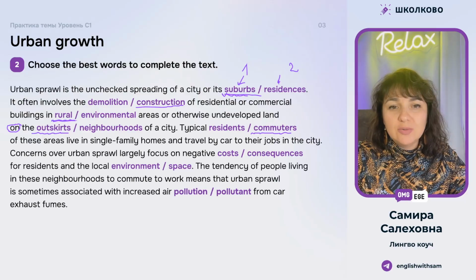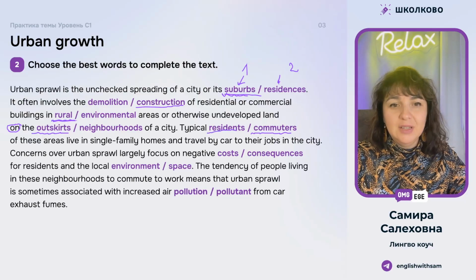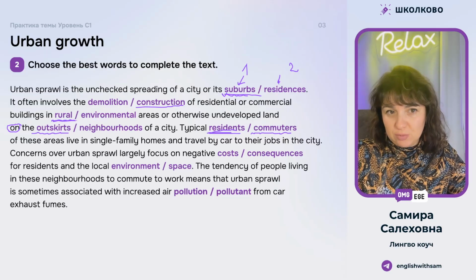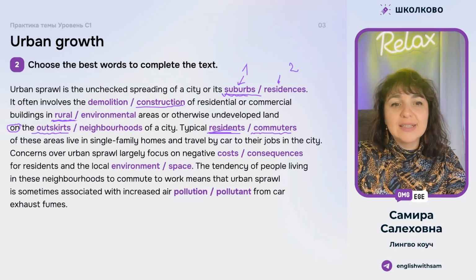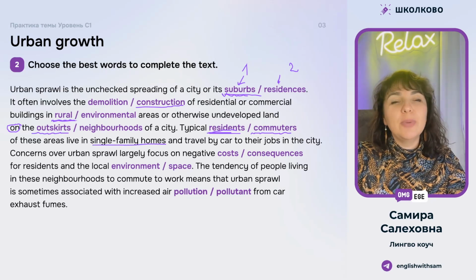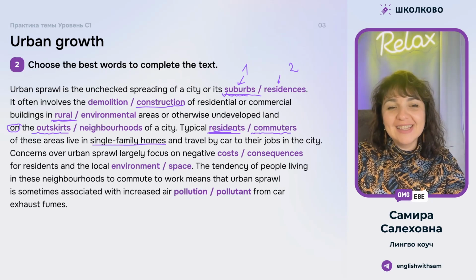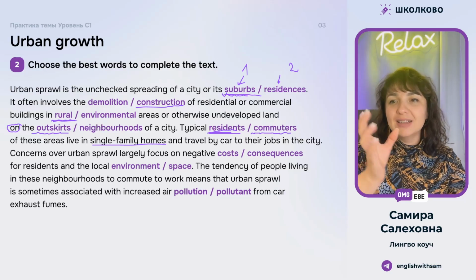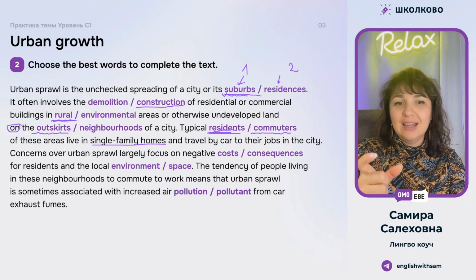We will choose residents. Residents, typical residents, просто люди, которые там живут, проживающие. Single family homes, это о чем? У нас с вами было single parent, да, family, а здесь, конечно же, имеется в виду, что дома detached, да, такие отдельно стоящие.